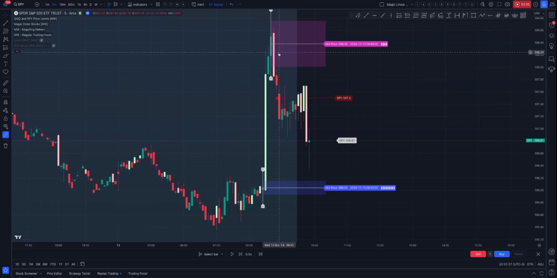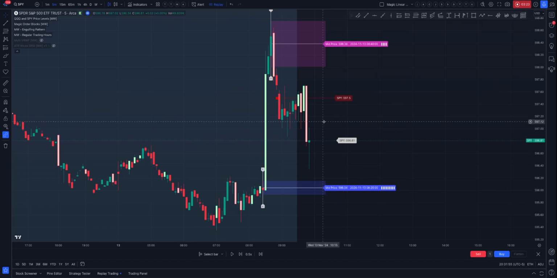A new order block was formed on this candle that preceded this descent of 3 consecutive red candles. And that we can expect to be a resistance at some point in the future, just like we can expect this order block to be some type of support in the future.